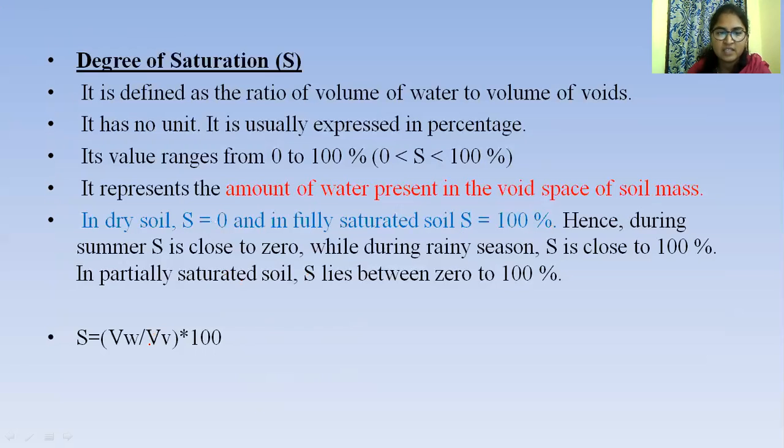It is defined as the ratio of the volume of water to the volume of voids. The entire voids are filled only with water, as in the rainy season, for example an ocean. In the dry condition, there is no water in the voids of the soil, so S is equal to 0. In the fully saturated condition, S is equal to 100%.